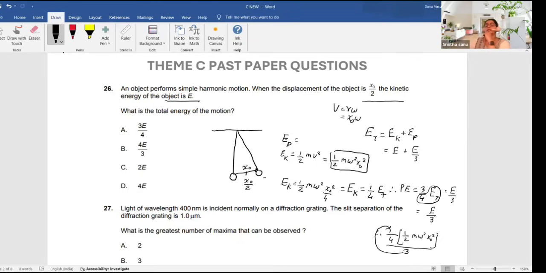So your potential energy is three-fourth of the total energy. So when I would like to find the total, I just add both, and this gives me 4E by 3 as the total energy. So your total energy is the share of kinetic plus potential. Kinetic is E as per the question. So potential should be E by 3, which gives you the option B.